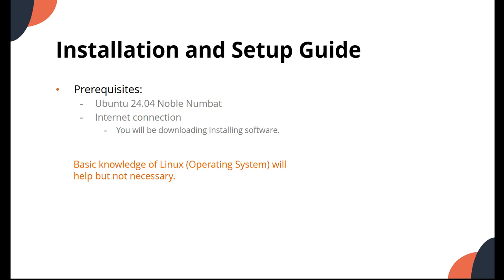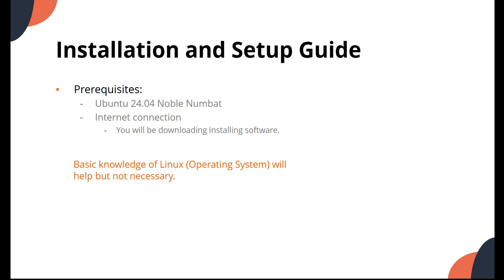Now we're going to start with the installation process, but before we do that, there's a few prerequisites that we should make sure that we have checked before we start. By now, you should have Ubuntu 24.04 Noble Numbat installed, and on the system that you have this on, you should have an internet connection because you will be downloading and installing software.